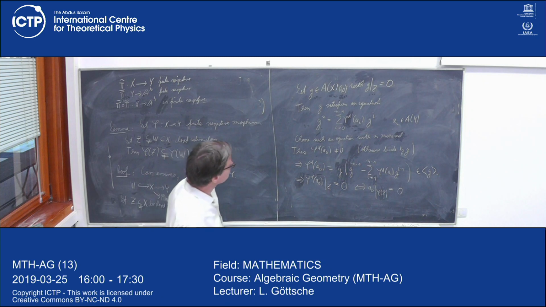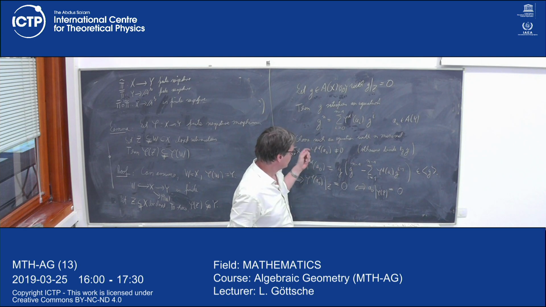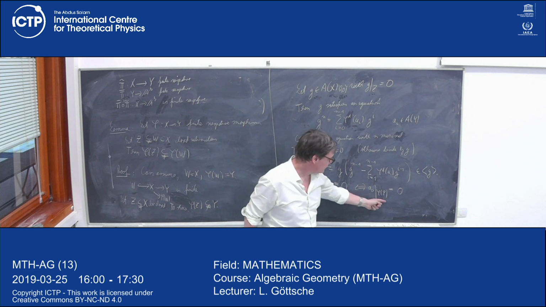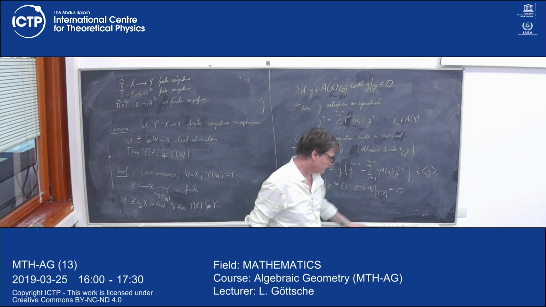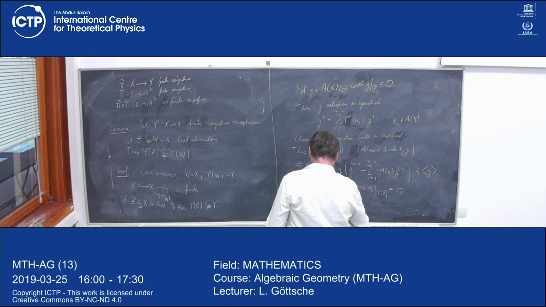And so we have found our element A0, which was not 0, and in fact even its pullback was not 0. So A0 is not 0 in AY, because even its pullback is non-zero, but restricted to phi of Z it is equal to 0. So A0 is different from 0, thus it follows that phi of Z is strictly contained in Y.